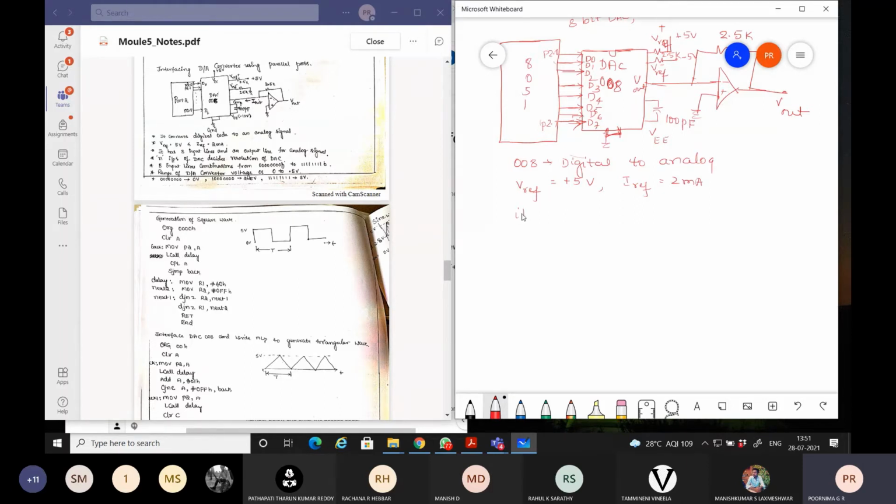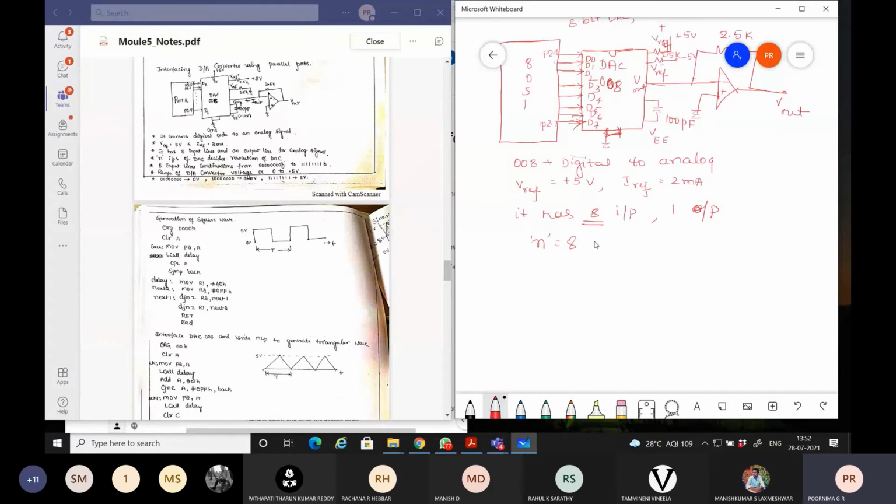It has 8 input lines from which it will take the digital inputs, and it can give one output through the Vout pin. The 8 bits mean n is equal to 8 in this particular DAC 008.